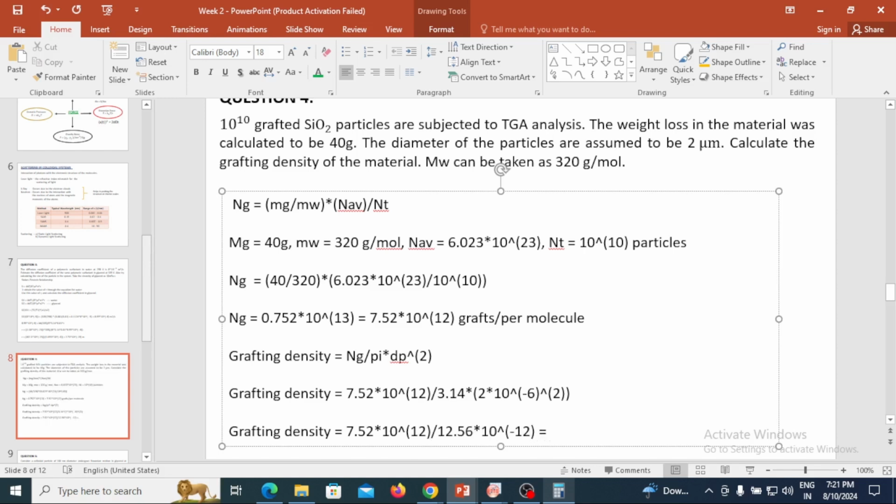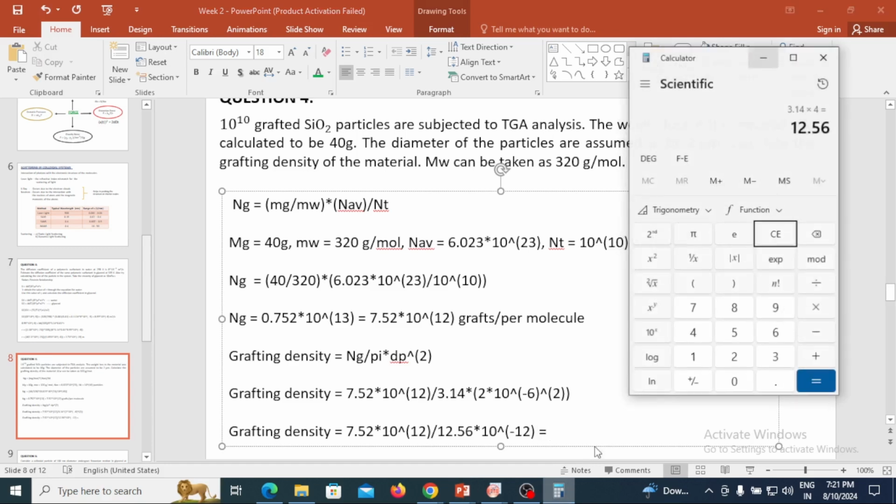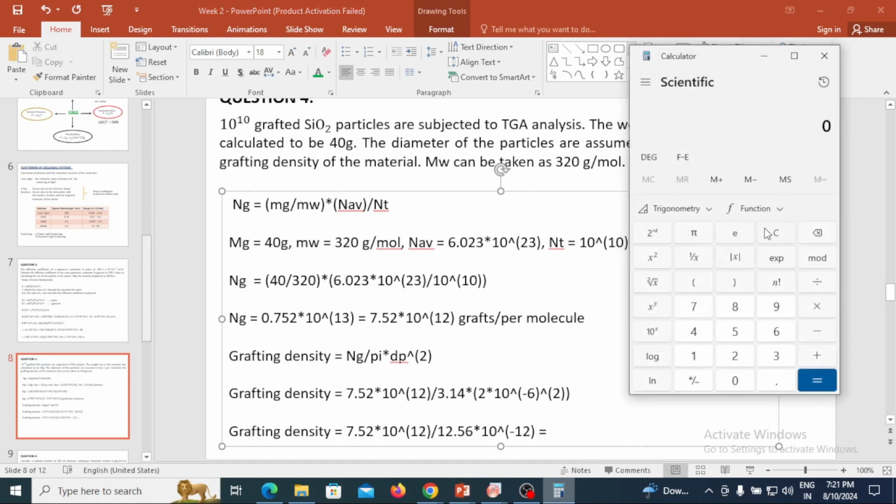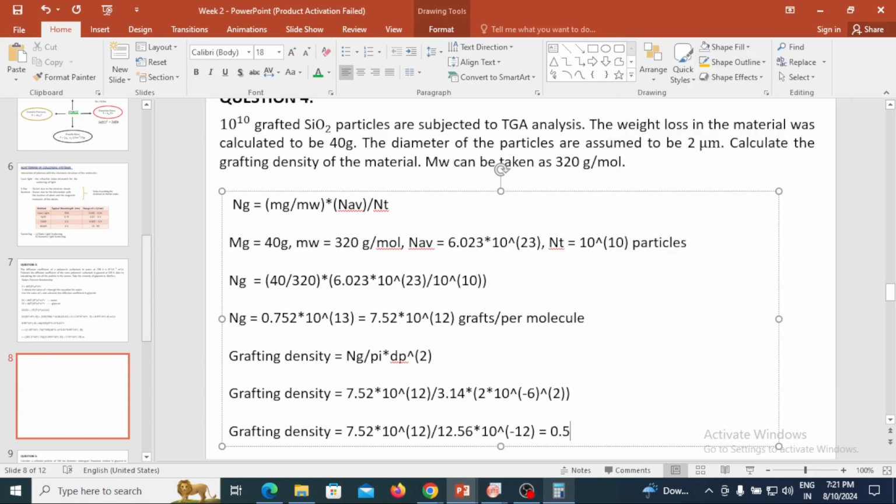So that will be 7.52 divided by 12.56, 0.598, times 10 to the power, this 10 power minus 12 will go to the numerator, so it will become 10 to the power 24.